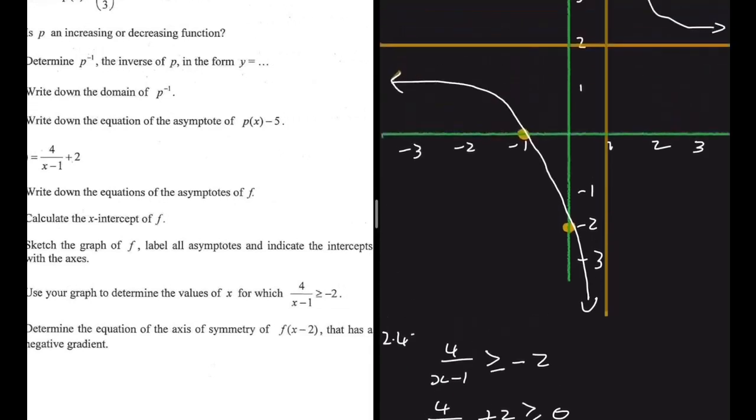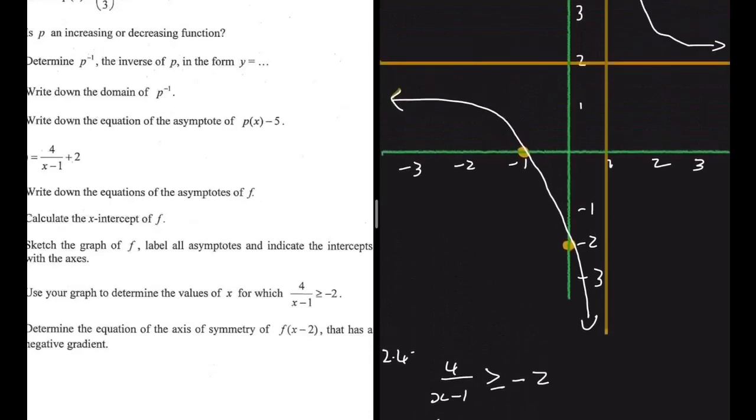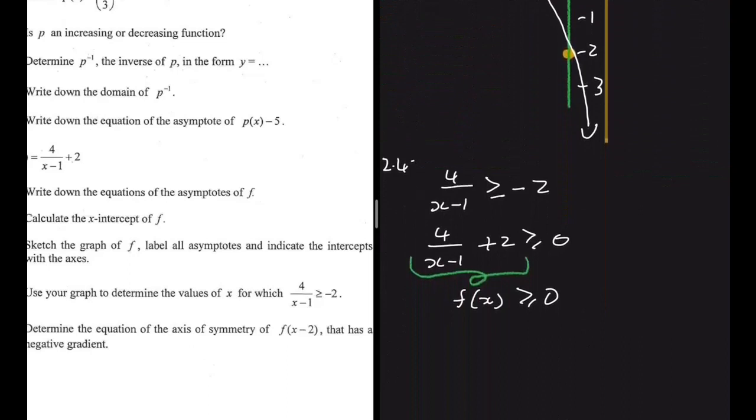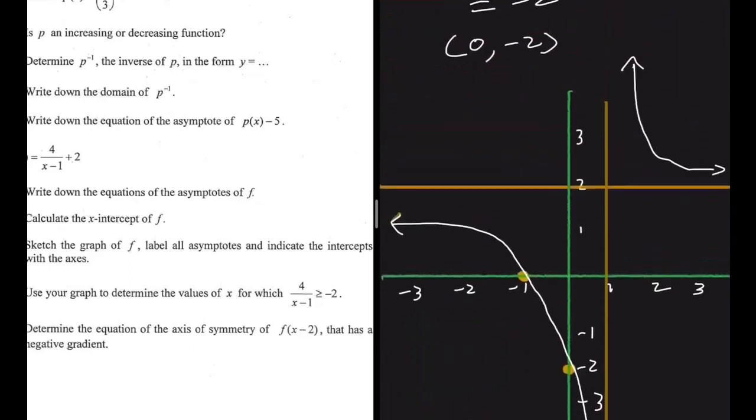Because this is simply f of x if you look at it. Right, so let's go to our function and look for the values of x for which our function is greater than or equal to 0, right? We can see that for this entire part of the function, it is greater than 0, right? And then here from minus 1, if we go to that side, our function will be greater than 0, right?